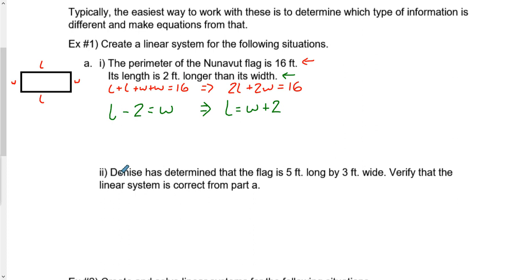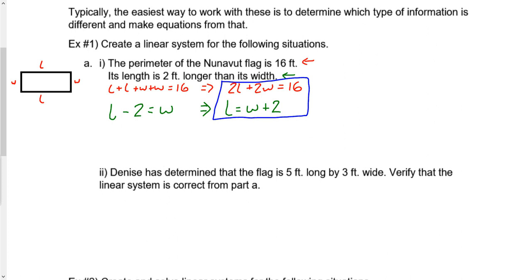The rest of the question says that Denise has determined that the flag is 5 feet long by 3 feet wide. We're going to verify that the linear system from part A is correct, so that the 2 equations we just created are correct.